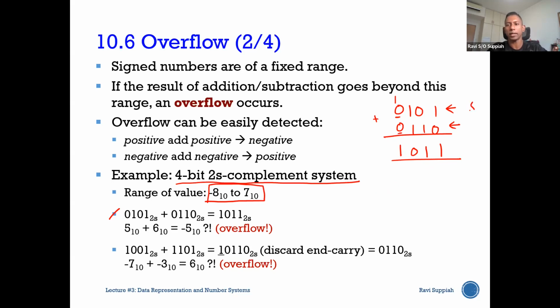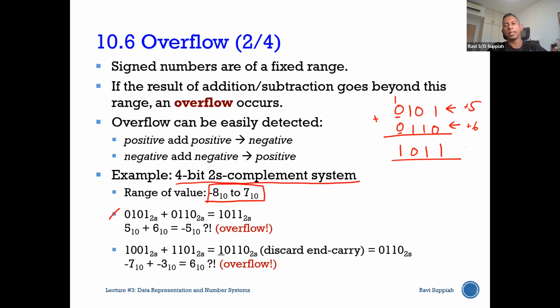So even though this is positive 5 and this is positive 6, the answer that I get is actually 1011. So how do I interpret this answer? If you say that this answer is 11, then you are interpreting it wrongly, because for this answer to be valid and 11, you cannot say you're using a 4-bit 2's complement system.